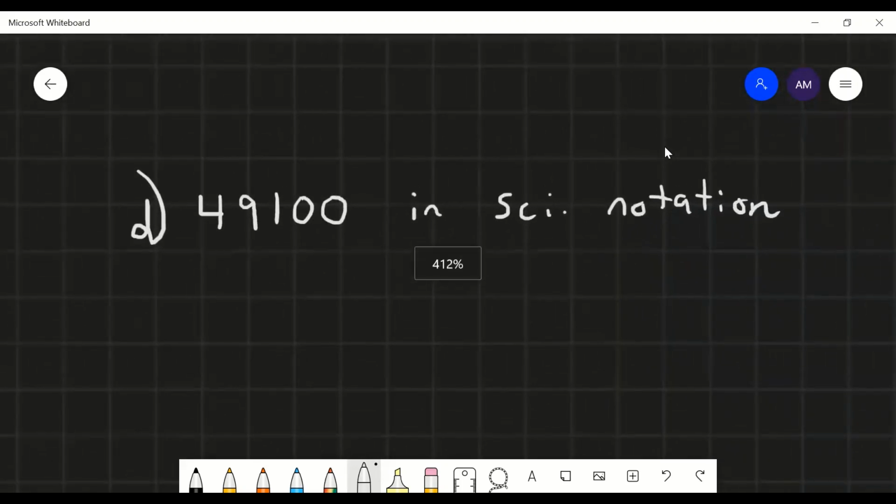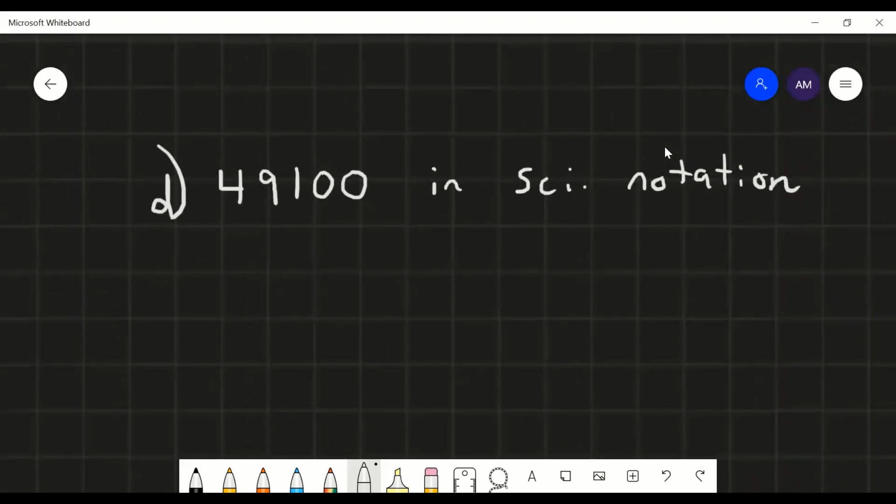This one's a bit of a backwards question. I'm asking, how do we write this in scientific notation? So 49,100. The strategy is always the same, where you take the first number and then you count how many digits there are after it. So first number and then 4 digits. So this would look like 4.91.